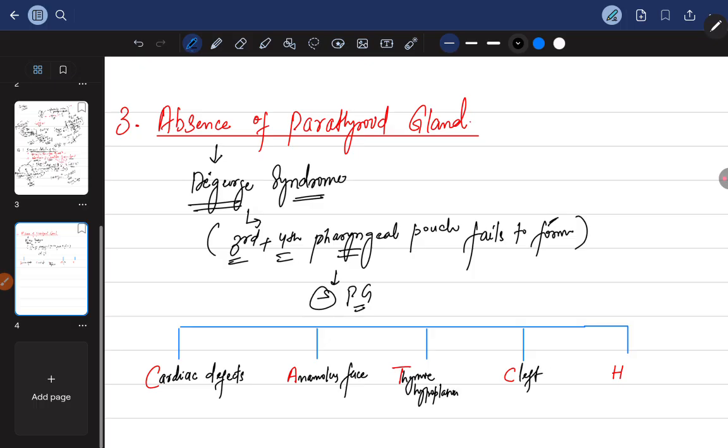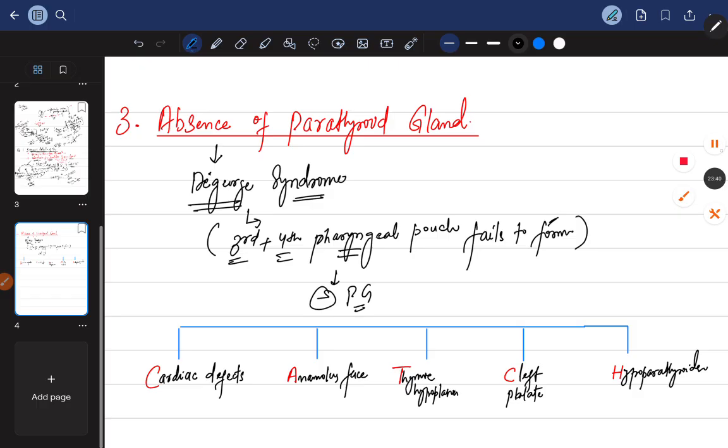Cleft palate and hypoparathyroidism. So you have to remember that there will be such conditions.